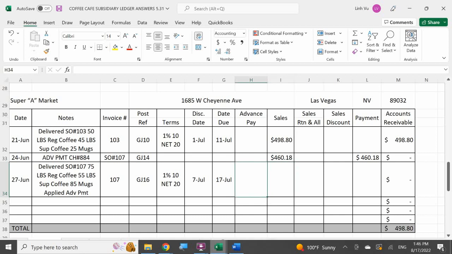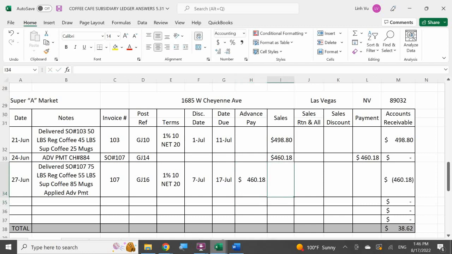The sales amount. So we've already taken the event, but do we still put that in? I'm not sure exactly how you put it in. The advance payment, do we put the 460 back down in there since we delivered it so that it carries it on, or since it's already noted, do we need to do that? In this case, we applied the down payment. So what do you think? We applied it. So yeah, I would put it in the advance payment for the 460.18.